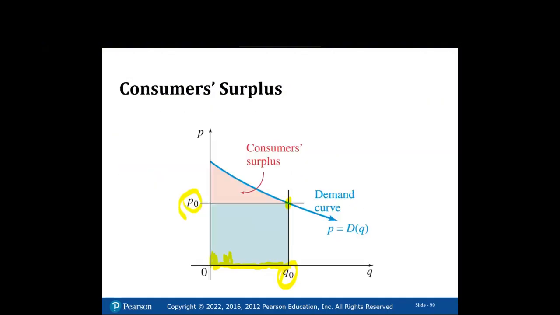I want the consumer surplus, and here's my demand curve, the blue. So I'm going to take that area from 0 to Q0 under the curve, but I'm going to subtract out this P0. I'm subtracting out my equilibrium price because this green area is what everyone would pay. And this red here is our surplus for the consumer.